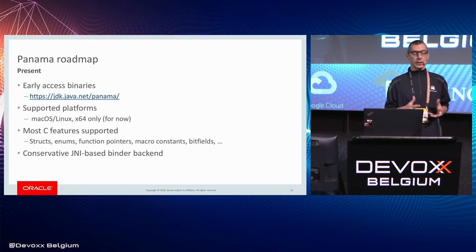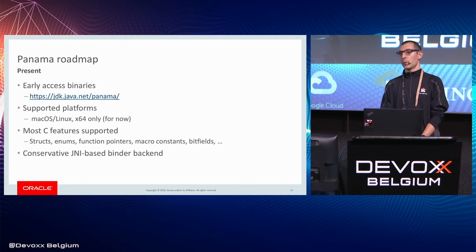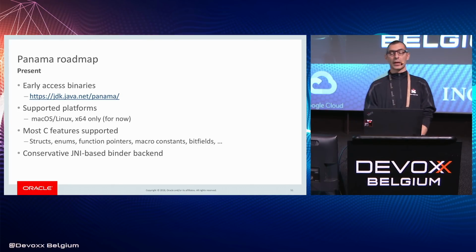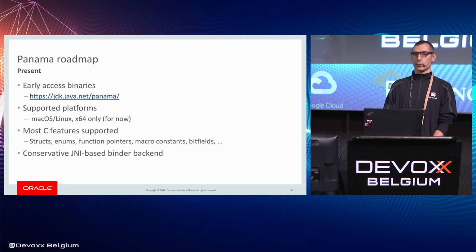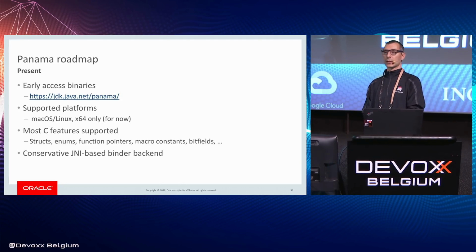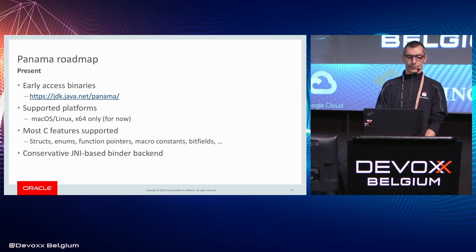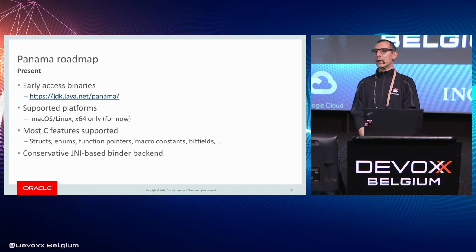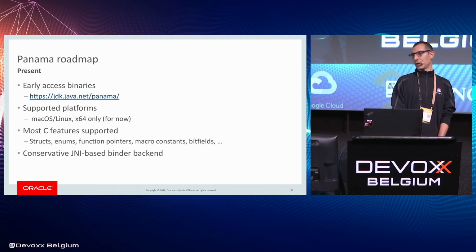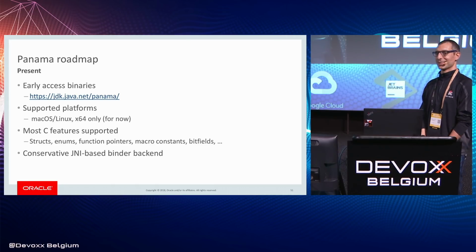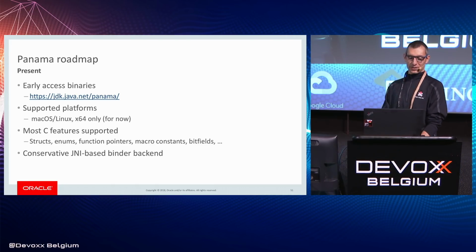Where we are today is, I'm glad to announce, we managed to ship the first early access binary. So if you have a Linux or a Mac x64, you should be able to download one of those binaries and start playing with jextract and the Panama binder. This supports essentially all the C features. We even recently added support for x87 complex numbers and corner cases like this.